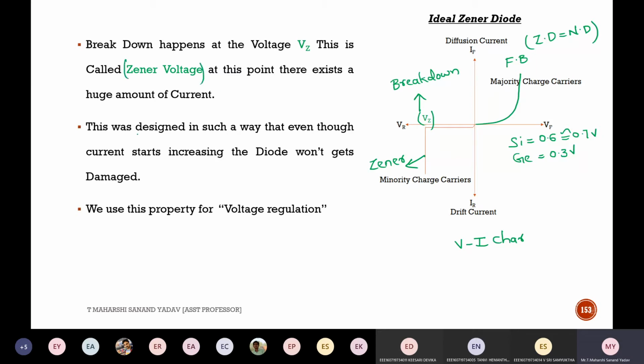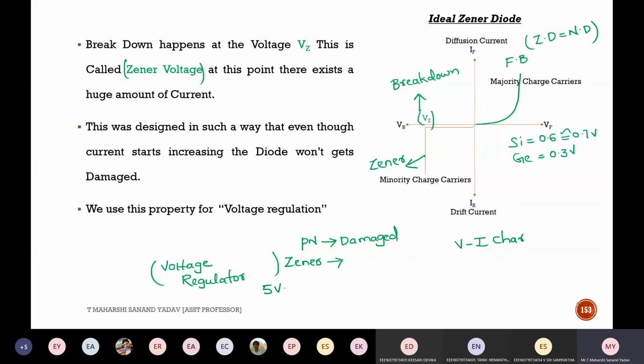This was designed in such a way that even though the current starts increasing, the diode won't get damaged. Whereas in the case of a PN diode, the diode gets damaged, right? So why is the Zener not getting damaged? Because the main application of the Zener diode is a voltage regulator, meaning a constant voltage.